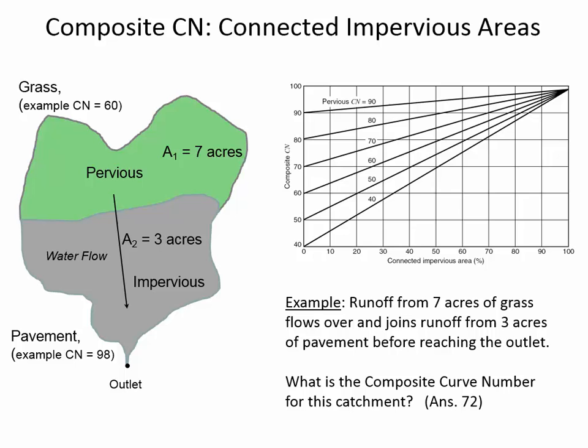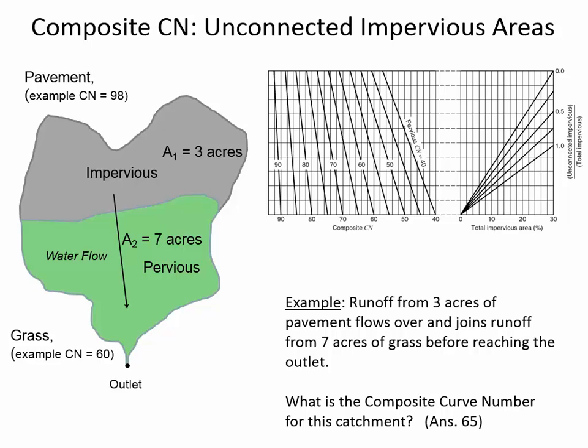No, let's see. It's still just the 3 acres. So 3 acres is impervious, 7 acres is pervious. All we did was we changed the location. We moved it from being directly connected to the outlet, and now it's upstream of this grassy area. So the runoff from the parking lot has to flow over the grass before it gets to the outlet.